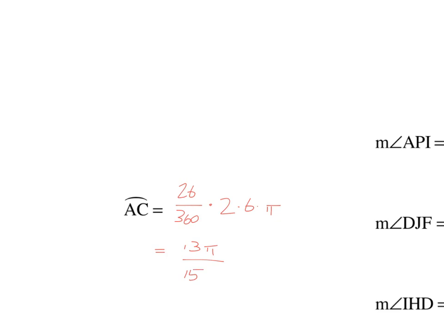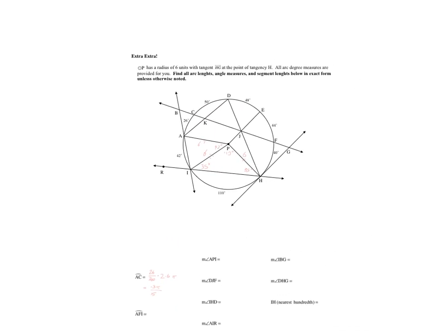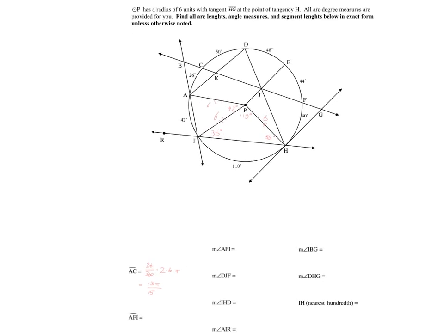Okay, and then for the next one we're looking for AFI. So AFI is going to start at A, go in the direction of F, and all the way around to I. So we just exclude the 42 here.